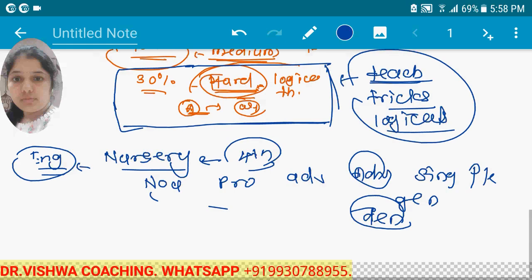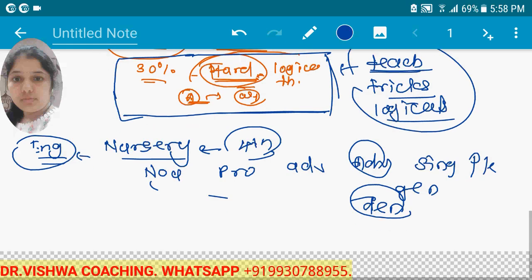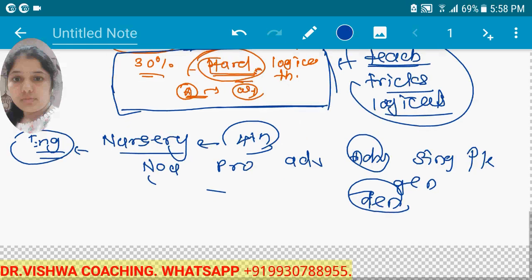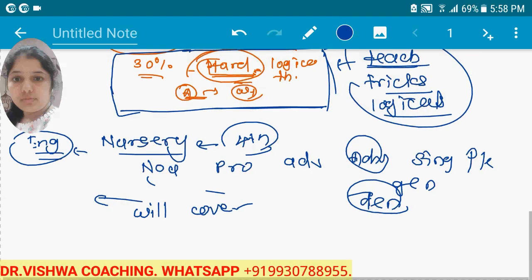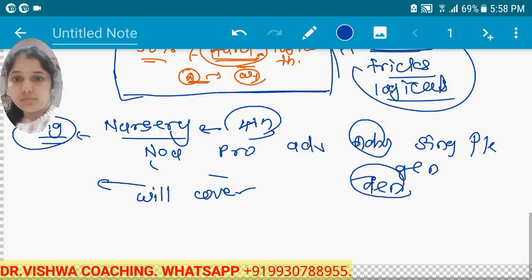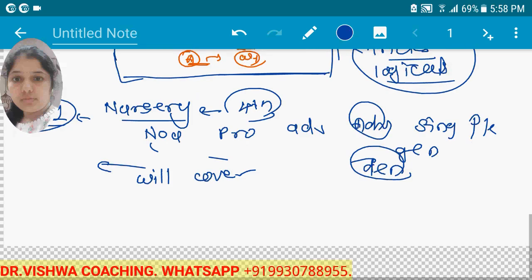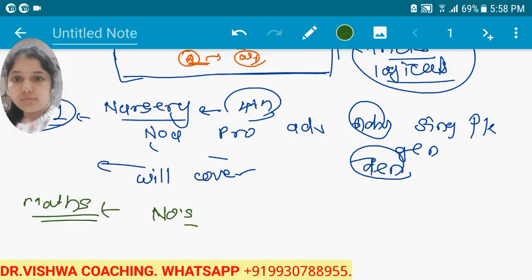Now the second subject is maths. In maths also, all kids know about the numbers, the classification of the numbers.